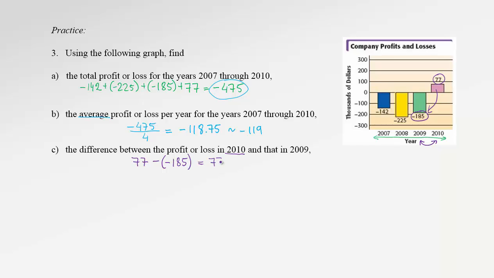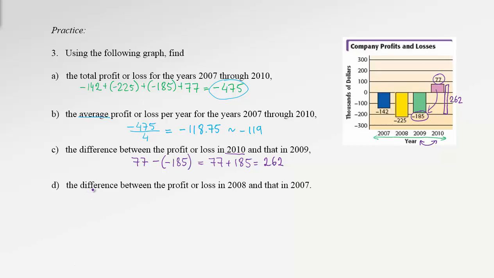So this is really 77 plus 185, which makes it $262,000. The difference between the result in 2010 and 2009 is as much as $262,000.